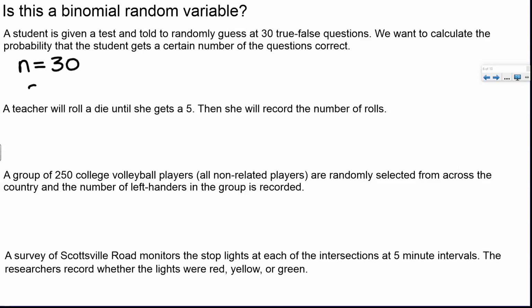Okay, can we label everything here, our outcomes, as either a success or a failure? Yes, right, because it says we want to look at how many he got correct, or she, whatever. In this case, a success would be that they got it correct, and a failure would be that they got it incorrect.